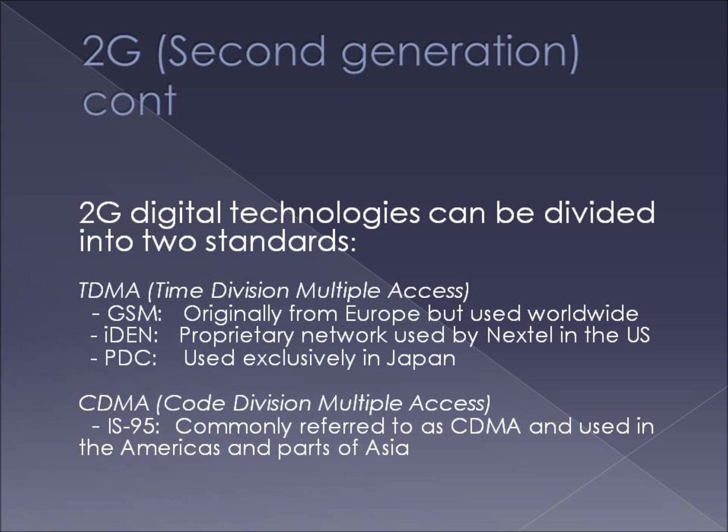2G digital technologies can be divided into two standards. One is TDMA, time division multiple access, which is GSM, originally from Europe but used worldwide later on. iDEN was a technology developed by Nextel in the United States, and PDC was used exclusively in Japan.